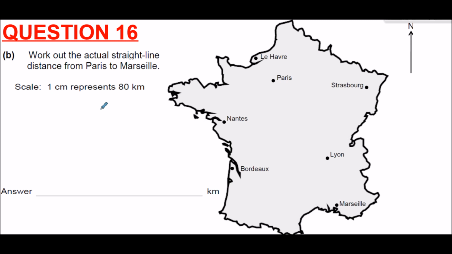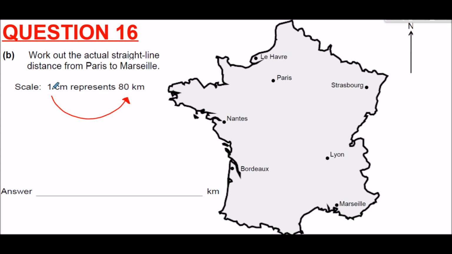What I'd mention here, before we do, is this scale is in the form of one number being a 1, the other number being a number which isn't 1. So that tells us that to change from one to the other, we're either going to multiply or divide by the number that isn't 1. So we're going to times or divide by 80. Now 1 is a smaller number than 80.